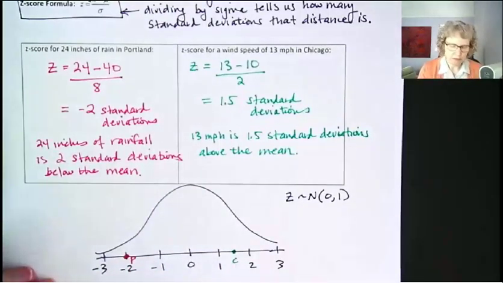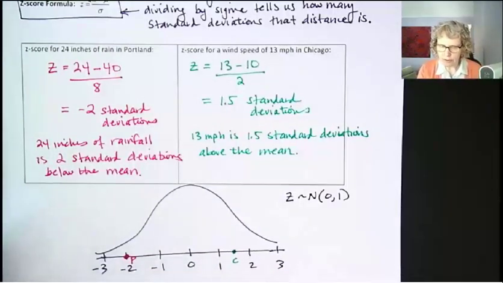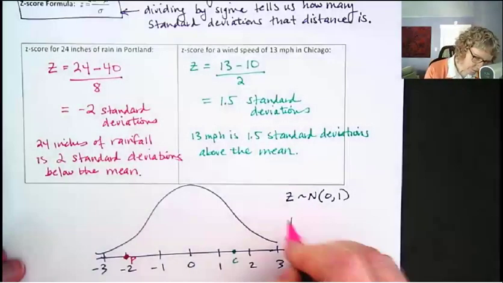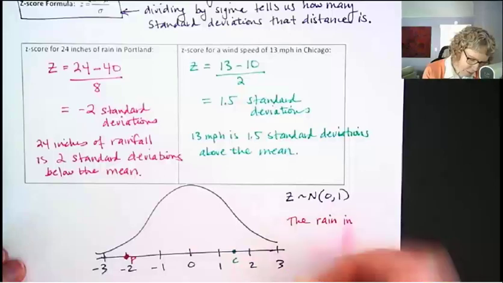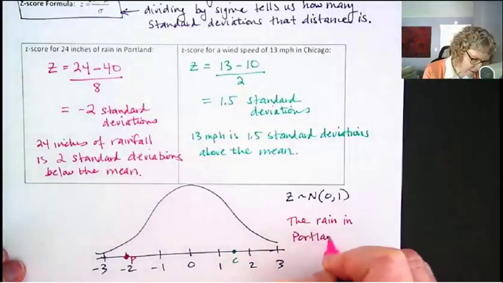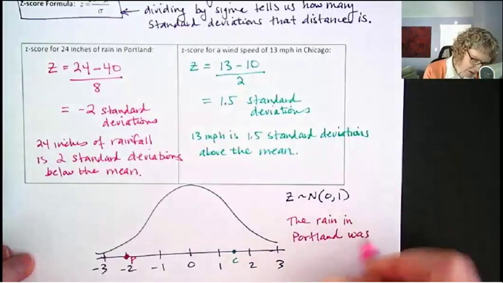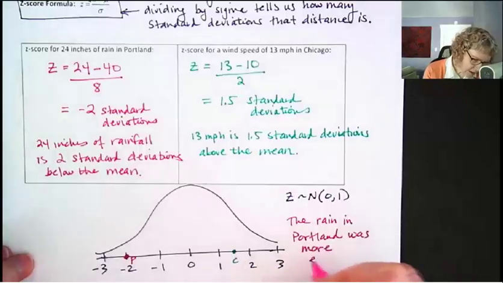One was above average, one was below average, but Portland was actually further away from the mean, or more towards the tail. So the wind in Portland was more unusual or more extraordinary. Did I say wind in Portland? The rain in Portland was more extraordinary.